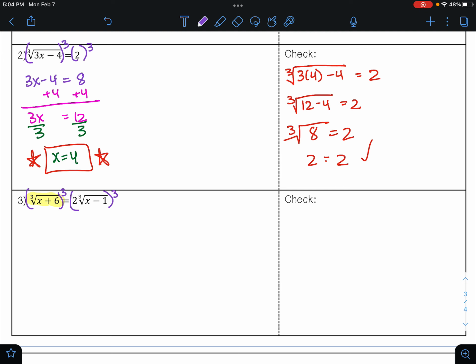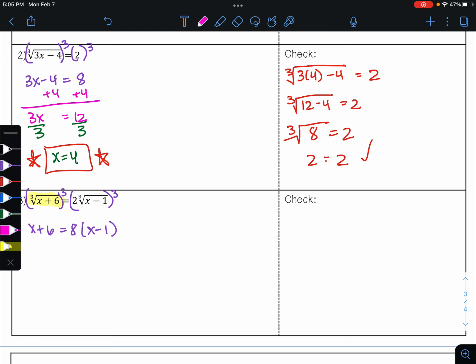The cube undoes the cube root, and that's going to leave me with x plus 6. On the right-hand side, I have a product being raised to a power. So remember, you got to distribute to both factors. 2 cubed is 8. And that's being multiplied by the cube root of x minus 1. The cube root of x minus 1 raised to the third power is just x minus 1.